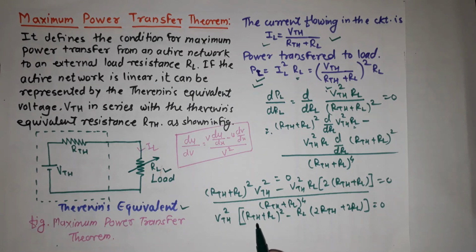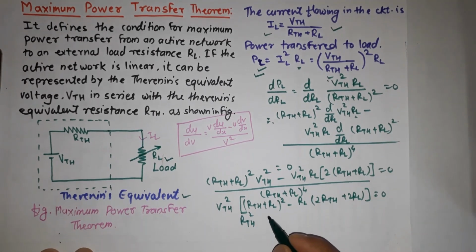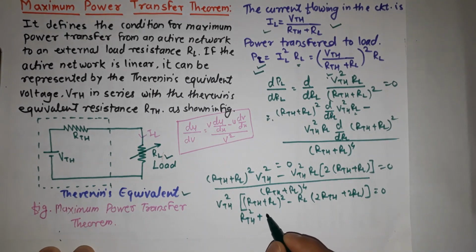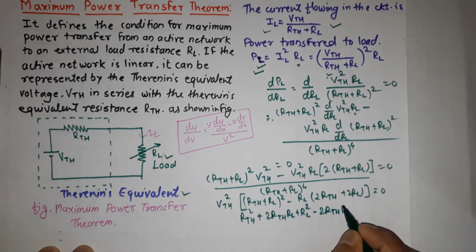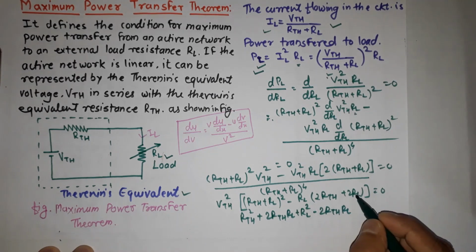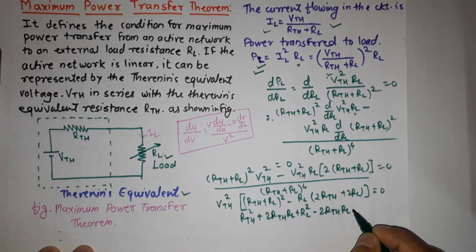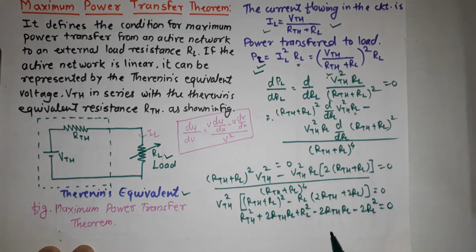Now we square this bracket, so it is RTH square plus 2 RTH into RL plus RL square minus, 2 RTH RL will be multiplied by the 2 RL, so it is minus 2 RL square, equal to 0.